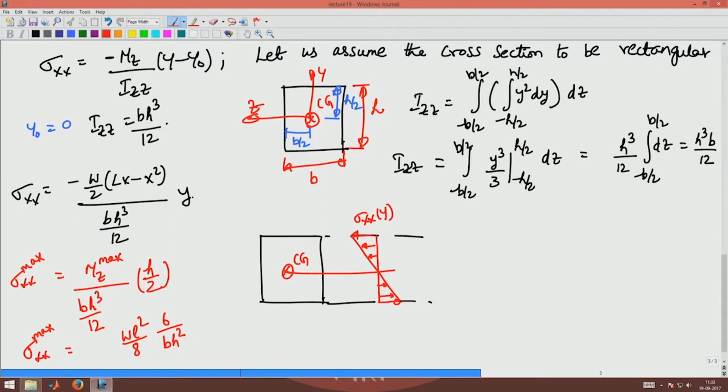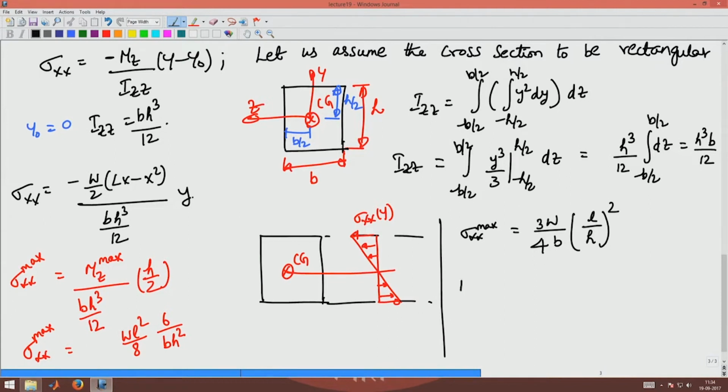Now, let us do an analysis. I will rewrite sigma xx max as W, 3 by 4, b into L by h the whole square. Now, W is force per unit length, right.